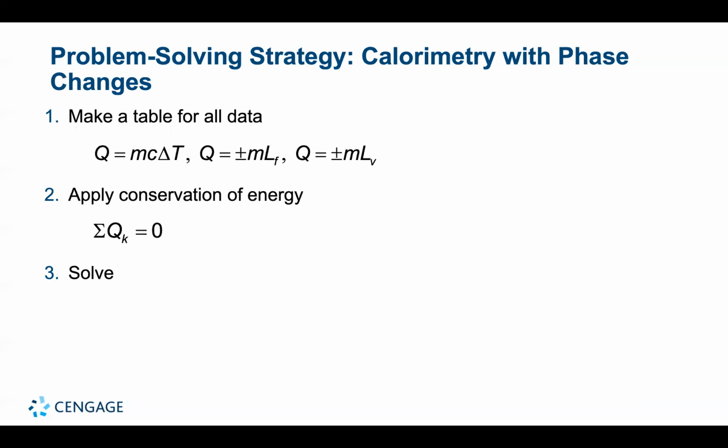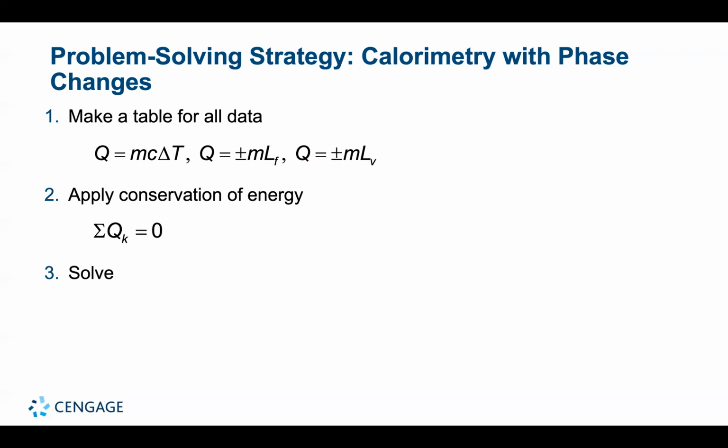So let's talk about a problem solving strategy for calorimetry with phase changes. There are 3 steps. The first is make a table for all data, include separate rows for different phases, and for any transition between phases, include columns for each quantity used and a final column for the combination of these quantities.